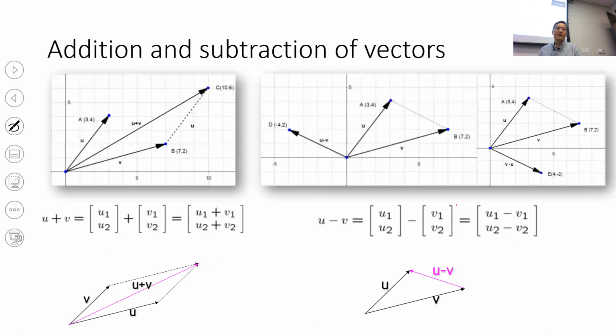Now let's look at the addition and the subtraction of two vectors. So easy. You have A and B. A is 3, 4, B is 7, 2. The summation, the addition of these two, is 10, 6, okay? So when you add the two, you actually get a new data point.